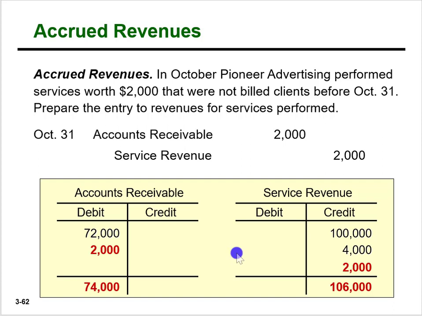And so here you have a debit to accounts receivable for $2,000, and you're recognizing service revenue for $2,000. And so in this situation, they're recognizing the services performed, the revenue they will collect, even though they have not collected the cash. And once they do collect the cash, they're going to offset it against that accounts receivable. They'll debit cash and credit accounts receivable to zero out the receivable.